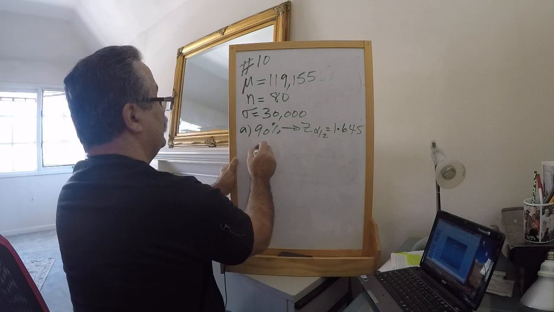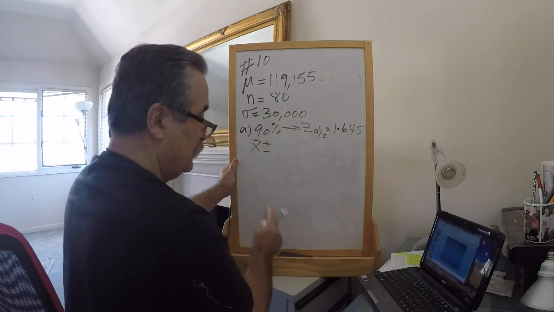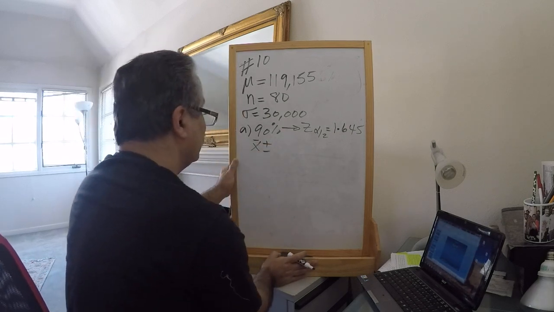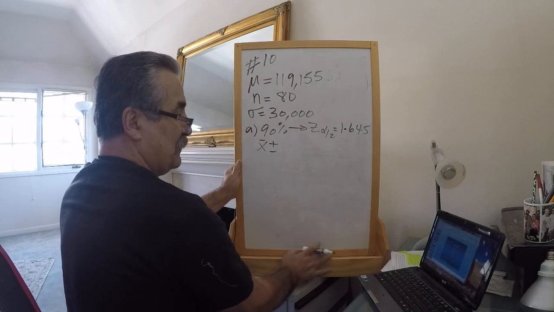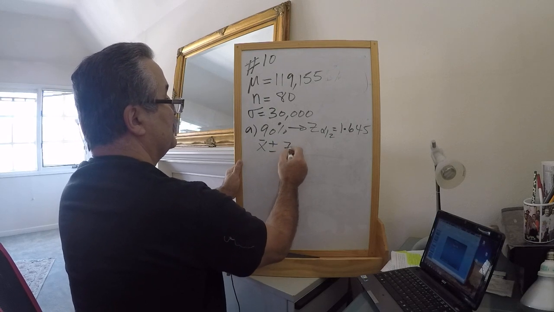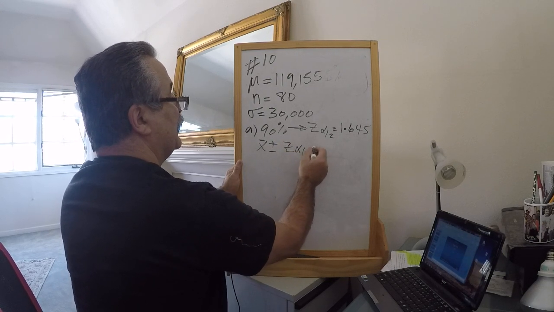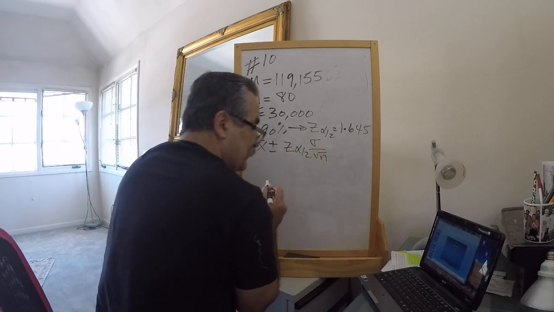So we have x bar plus or minus z sub alpha over 2 times sigma over square root of n.